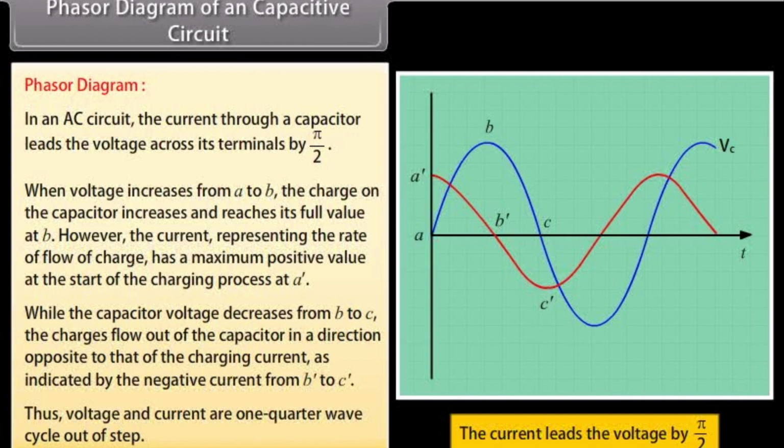Thus, voltage and current are 1/4 wave cycle out of step.